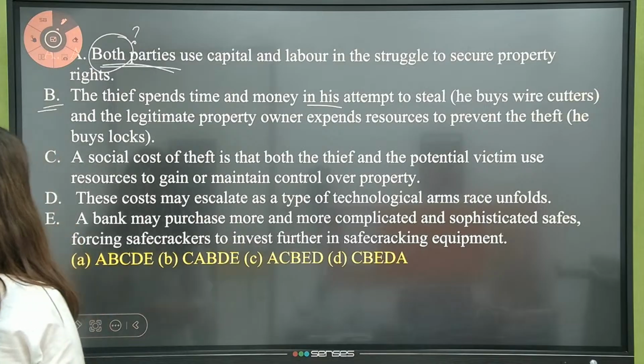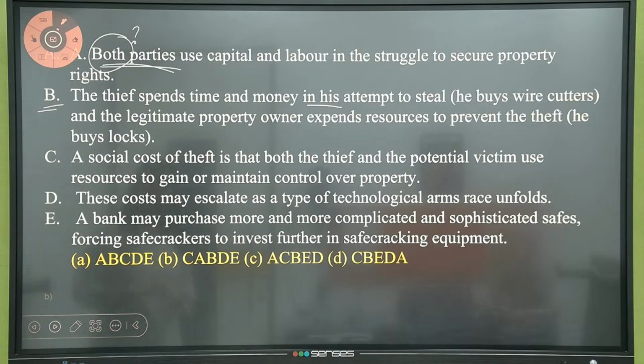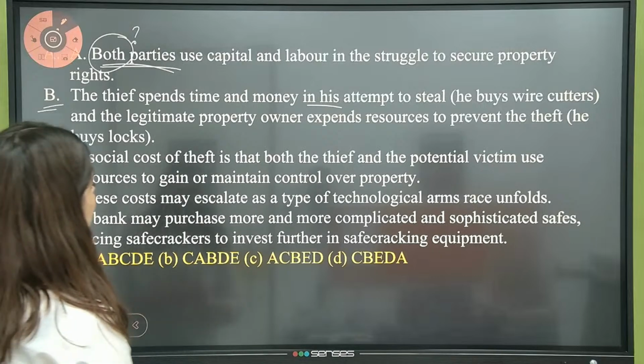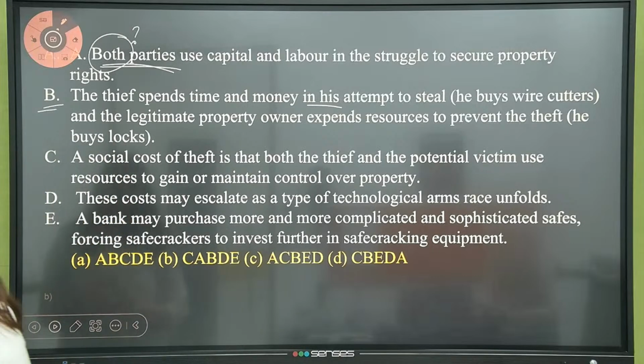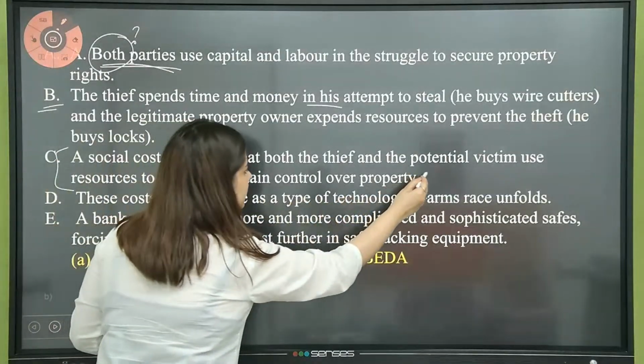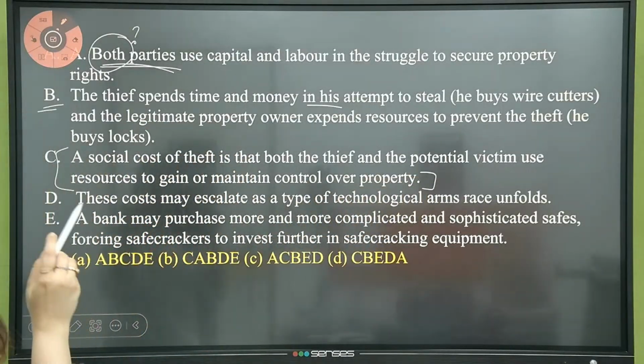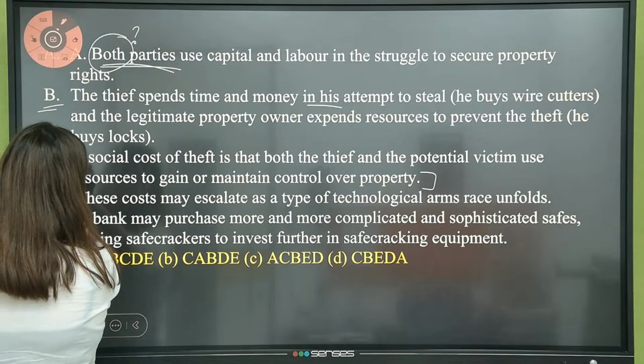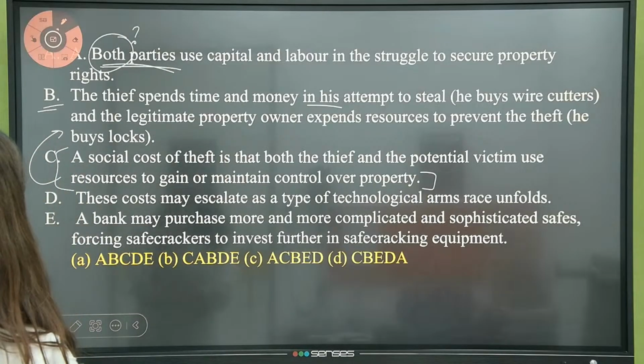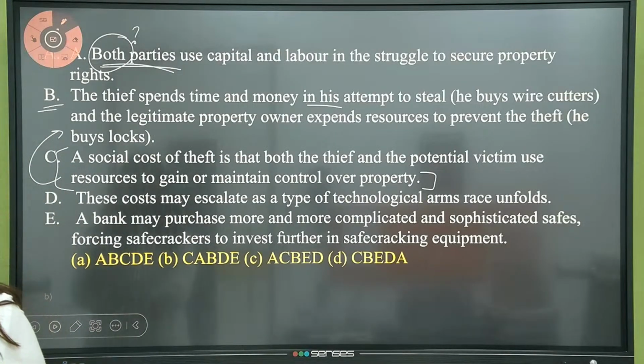All right, let's have a look at C. A social cost of theft is that both the thief and the potential victim use resources to gain or maintain control over the property. So now C introduces this topic, and B elaborates upon that topic a bit. So that is for sure.